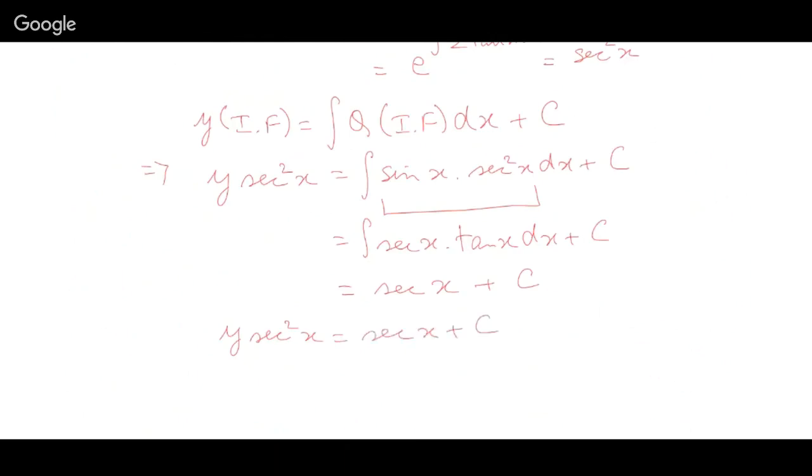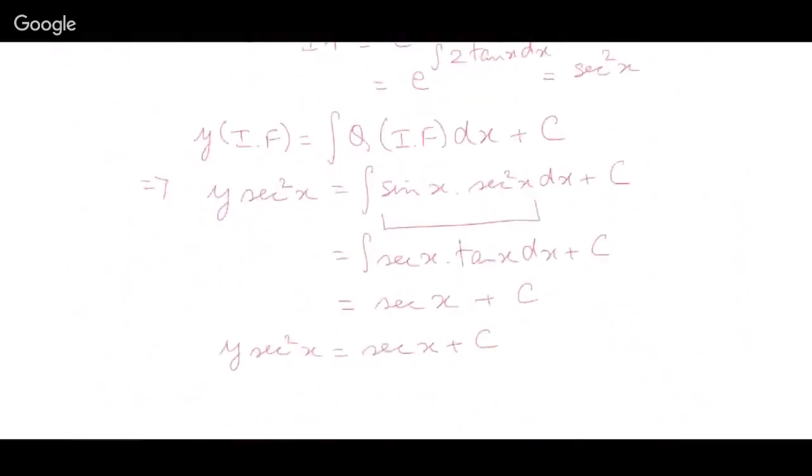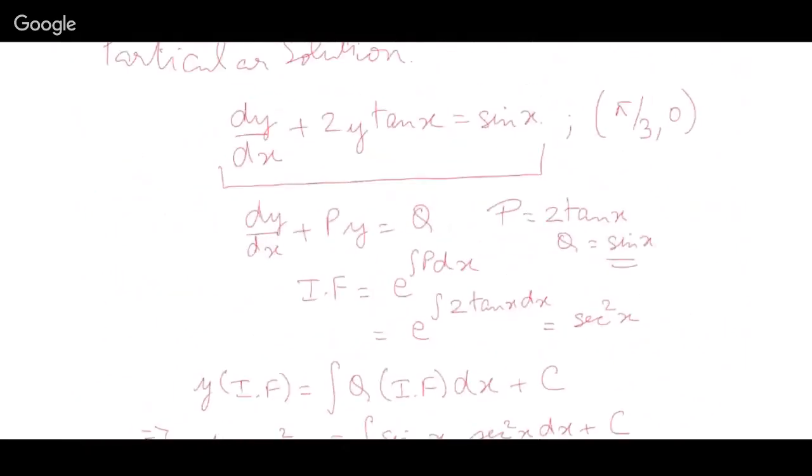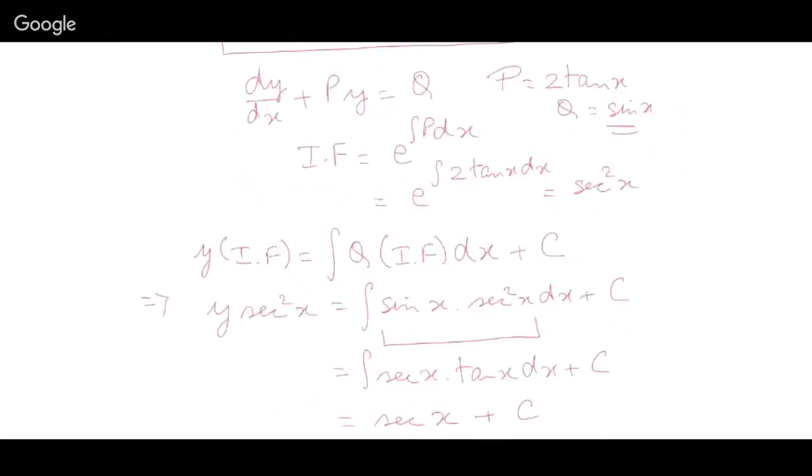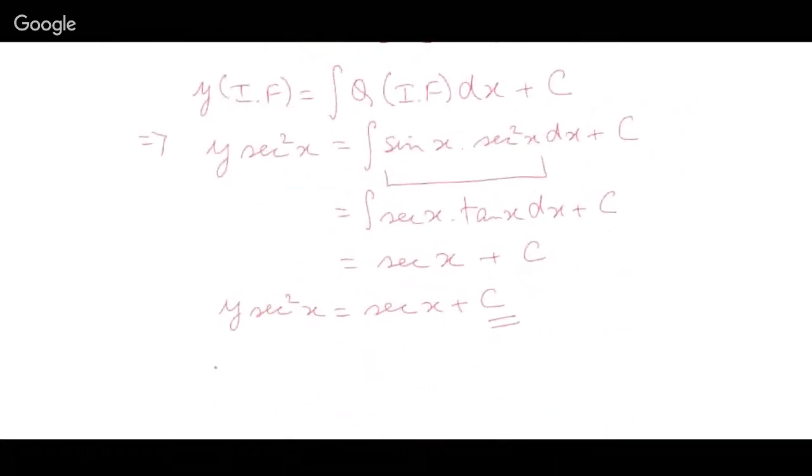So since we are required to find out a particular solution, we'll be required to find out the value of this constant of integration. And for this, the given data is when x is equal to pi by 3, y is equal to 0. So now replacing this over in this general solution, in place of y we'll put the value of y as 0 into sec squared pi by 3 is equal to sec pi by 3 plus c.